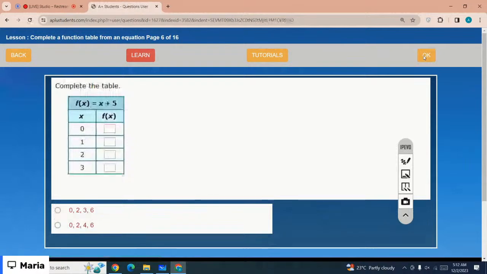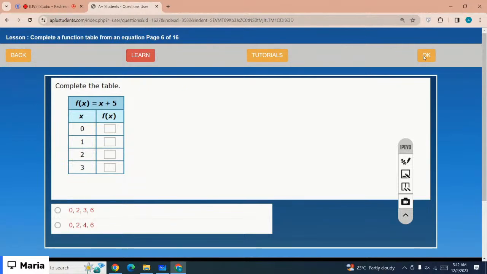Okay, complete the table. f of x equals x plus 5. So which is the correct option? So the values are, again, you are not given the correct option, right?